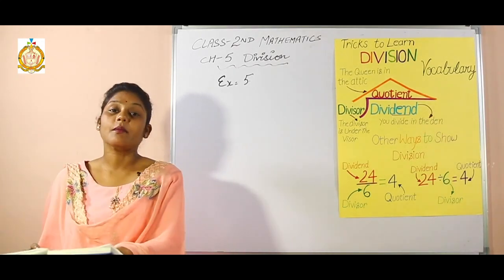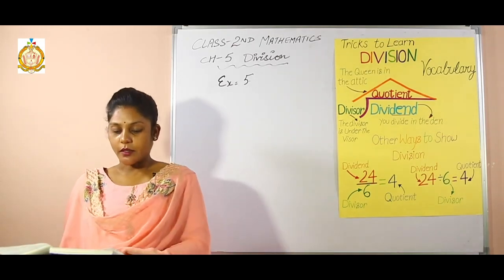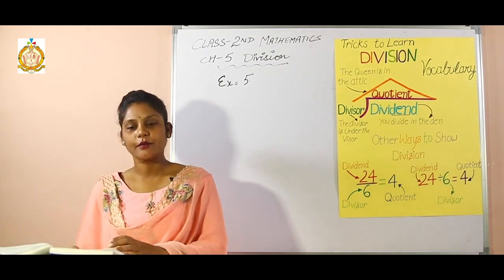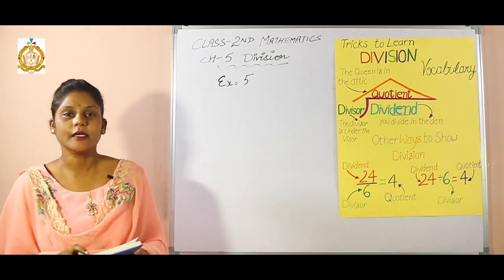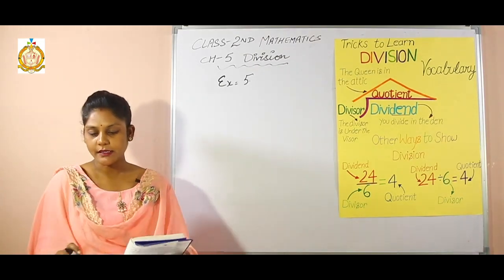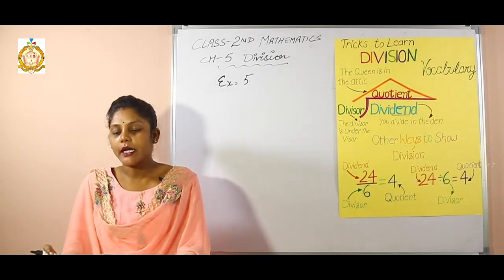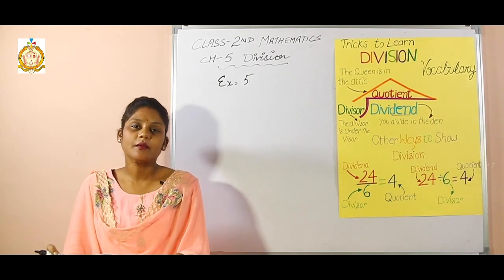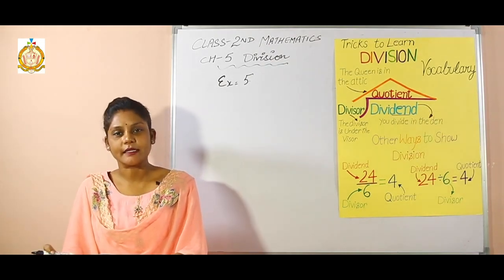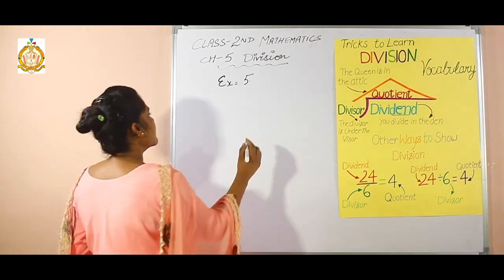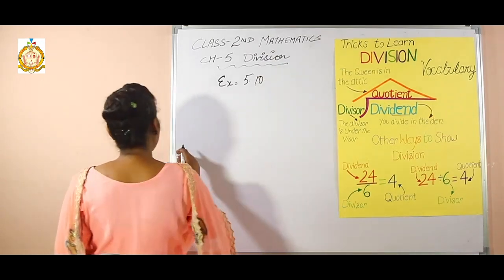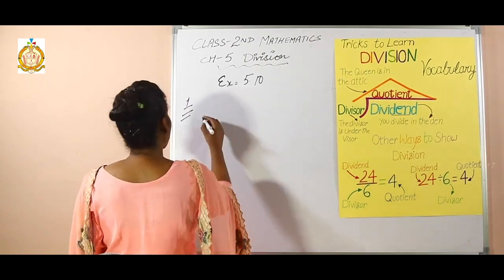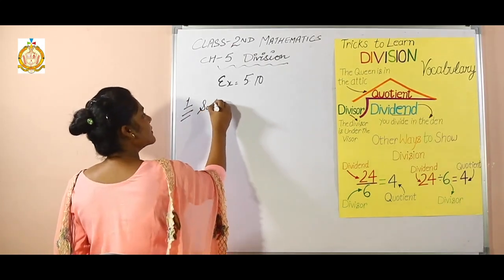These are called problem sums. So I want to solve the first 2 sums; for the others you can use the same method and solve the sums. So the first sum is: a packet contains 8 biscuits. How many packets will contain 440 biscuits? So next, exercise 5.10, sum number 1. You should write here solution.